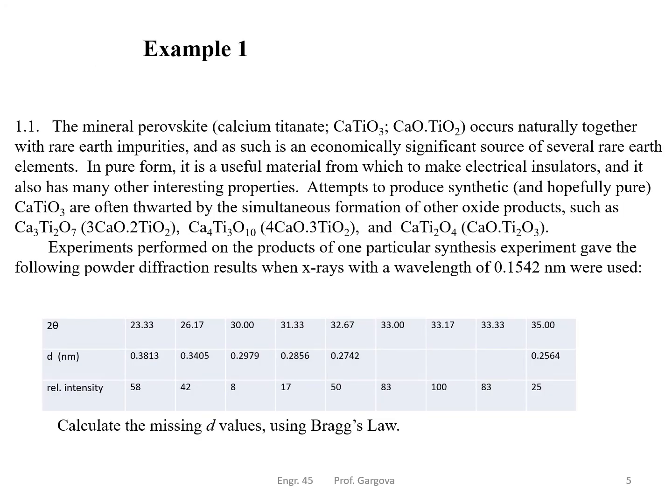Okay, for the first example that we're going to work out today, it says the mineral perovskite, calcium titanate, occurs naturally together with rare earth impurities, and as such is an economically significant source of several rare earth elements. In pure form, it is a useful material with which to make electrical insulators, and it also has many other interesting properties.